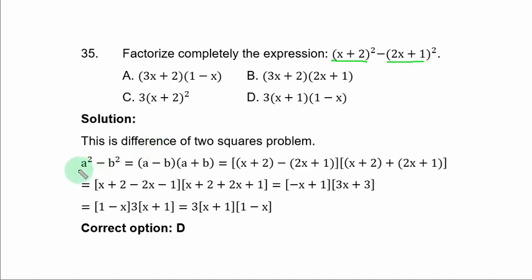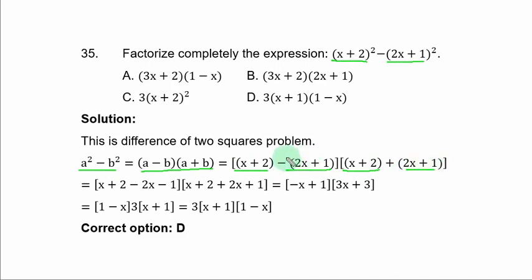So let's take a squared minus b squared as a case study. When factorized, you have this expression. So in the given expression, take a as s plus 2 and b as 2s plus 1. So this is a minus b times a plus b.